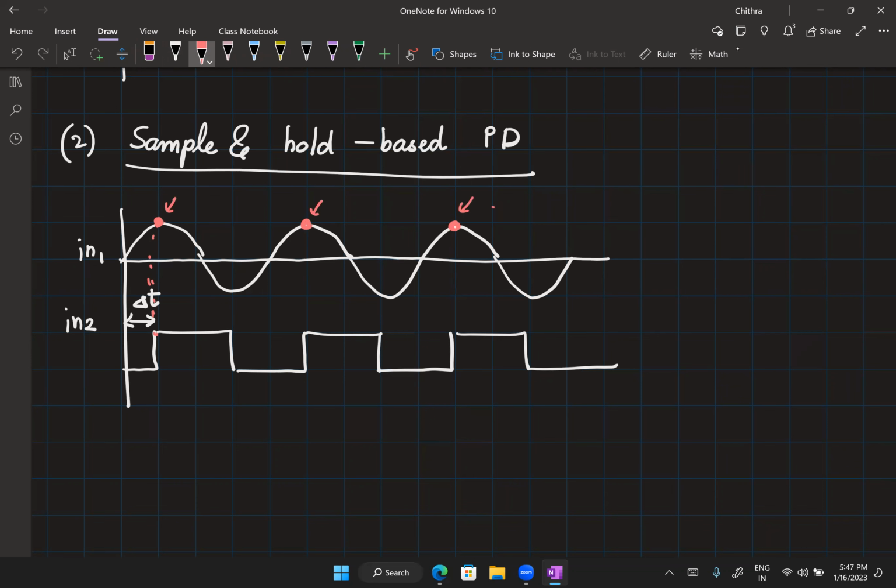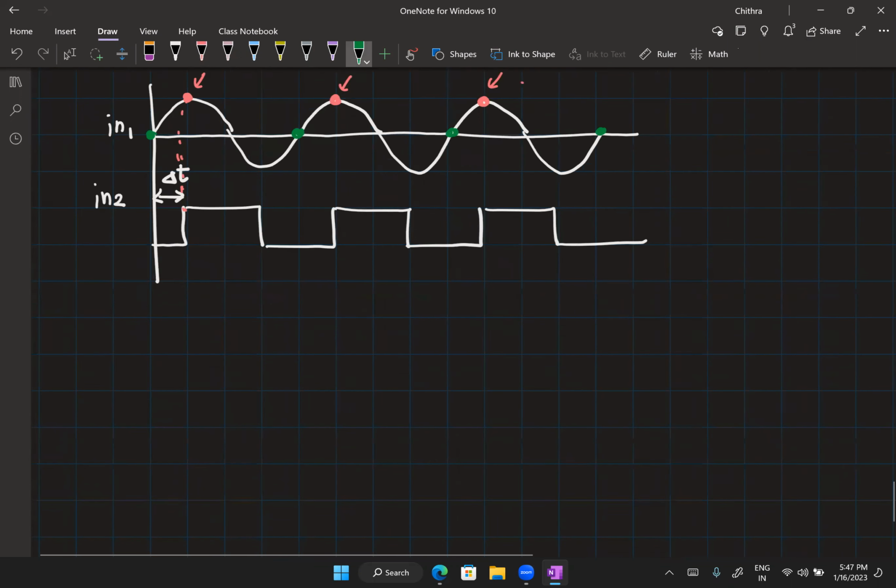Just by looking at it, can you guess what the locking point should be? Zero phase error. So what he's saying is, if the rising edges were happening exactly at these points, then my sampled values will be 0, so my VPD will also be 0.